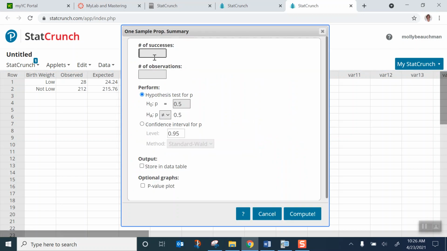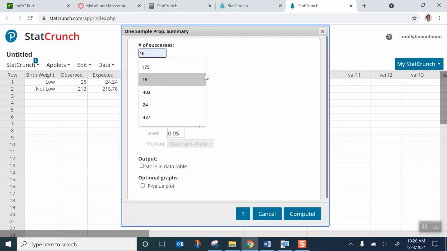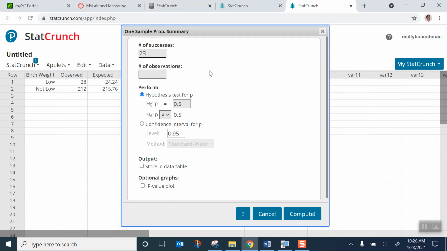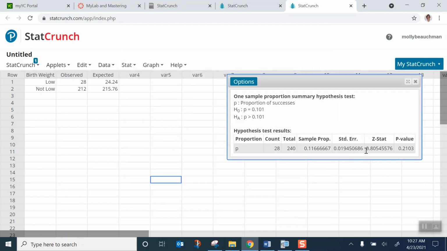The number of successes is 28, 28 low birth weight out of 240 observations. And then our hypothesis test is P equal to 0.101. We would have greater than, because we think there's a higher proportion, and then click on compute. And what you'll end up with is a p-value of 0.21. It's exactly half of the previous p-value.